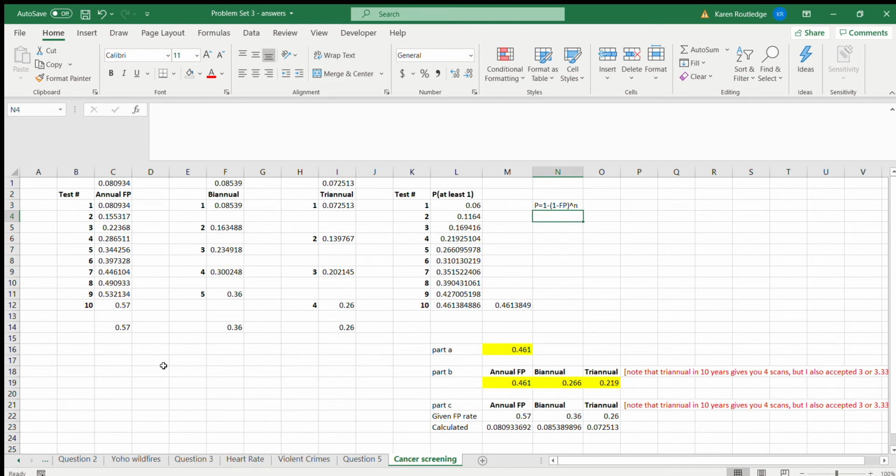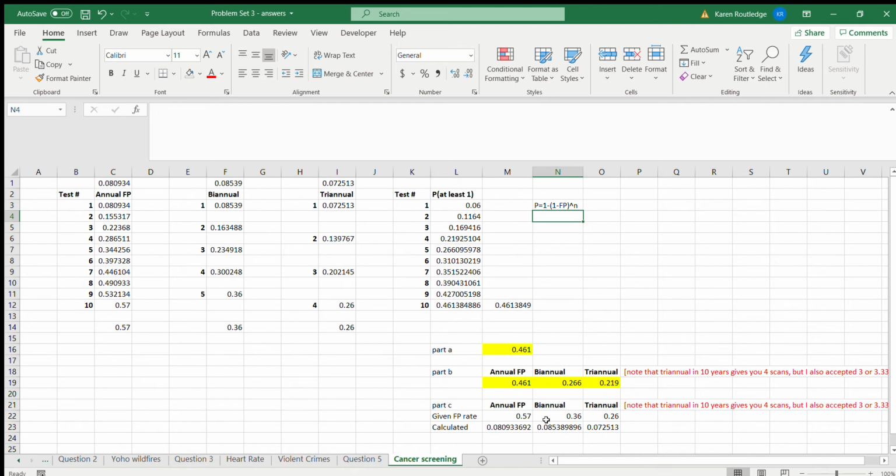Now, thanks to the literature, we were given a probability of 57% for annual screening, for instance. We were given 10 years of annual screening, and we needed to solve for the false positive rate. It's just some algebra, and there was a little hint on how to deal with exponents. If you do that, you get about 8% for annual screening.